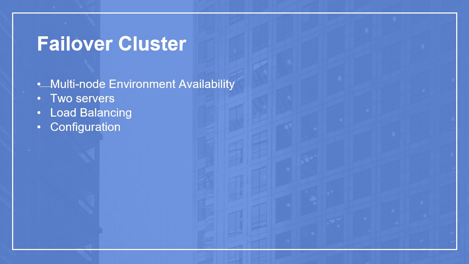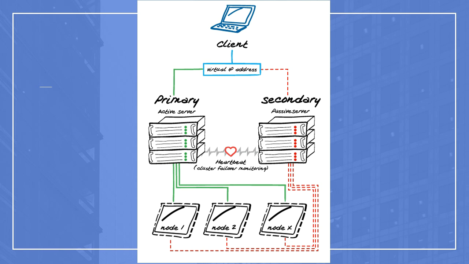So the one with the least load will be taking new users. And then I will be showing you how to configure it. This is how the cluster works. You have the client connecting through the servers, and with it they can go to the nodes. If the active server fails, the passive server takes over. Likewise goes the other way.